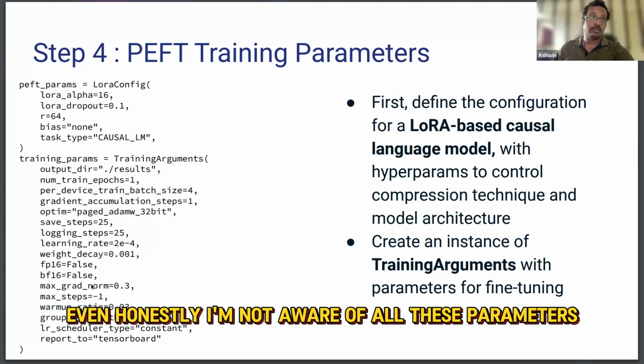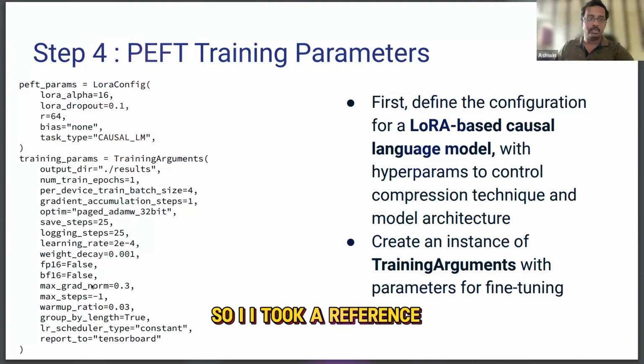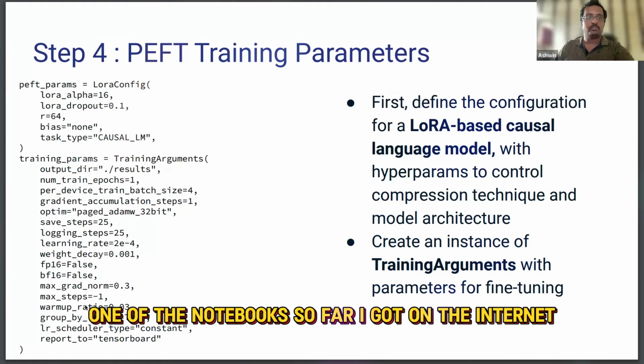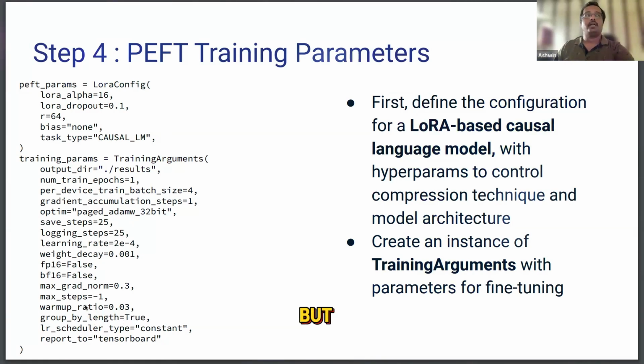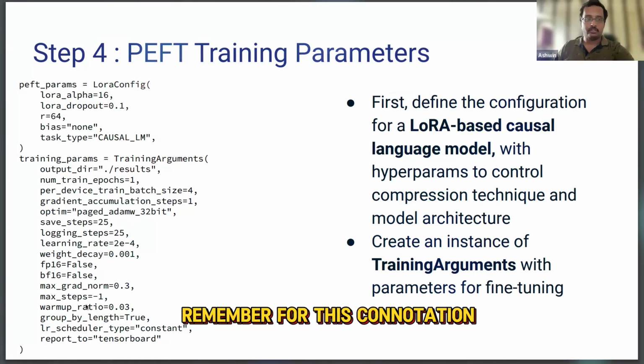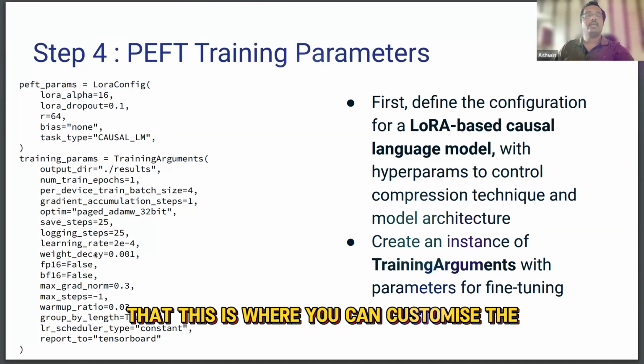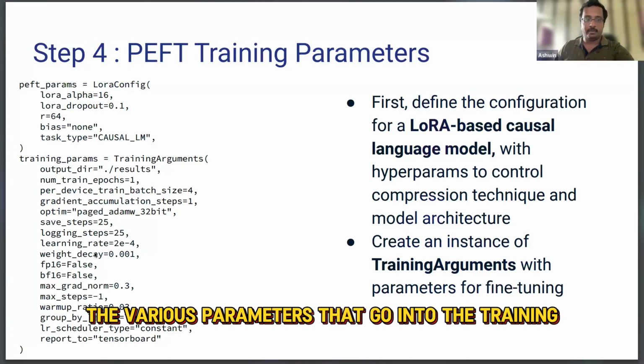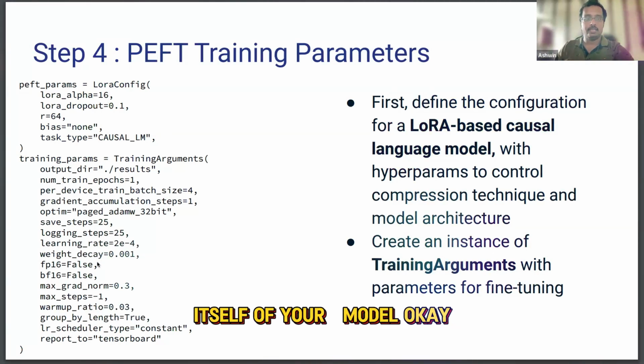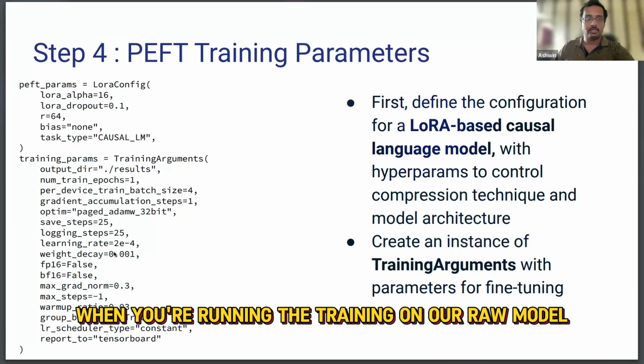Honestly, I'm not aware of all these parameters, so I took reference values from one of the notebooks I got on the internet. But just remember for this conversation that this is where you can customize the various parameters that go into the training itself of your model. So these are the two parameters, the PEFT params and training params. You'll see in the later slide, we will use these when you're running the training on our model.